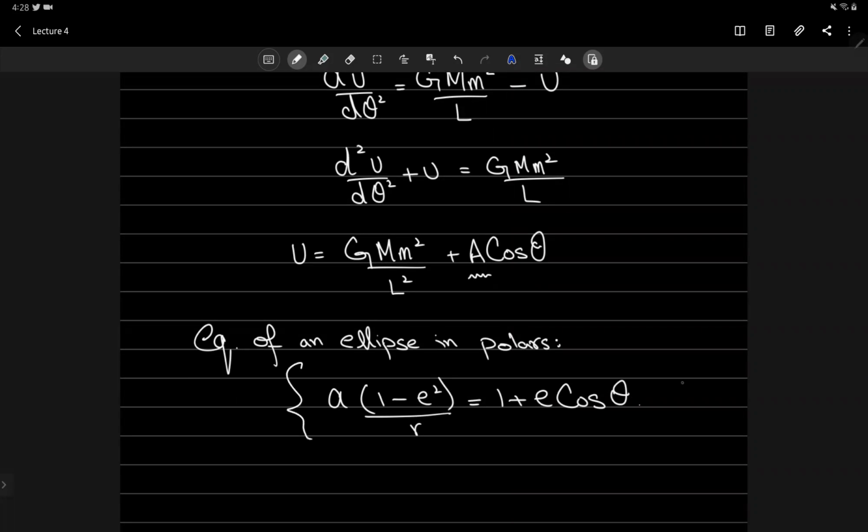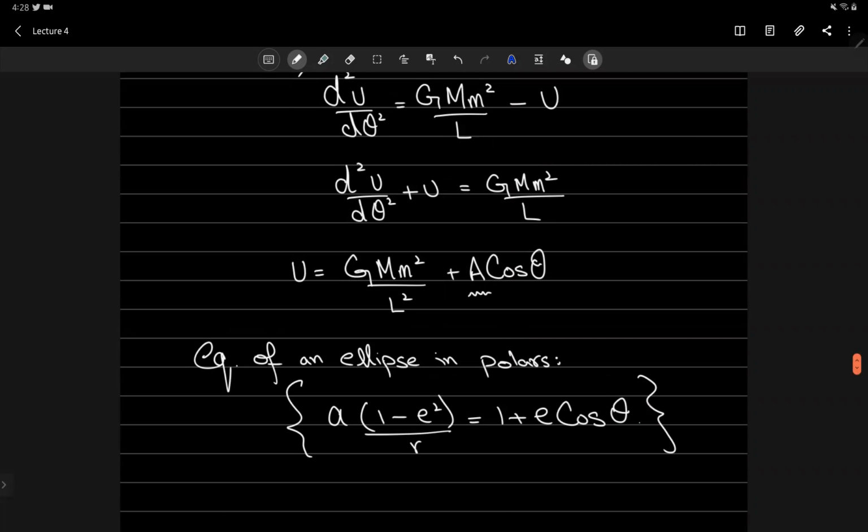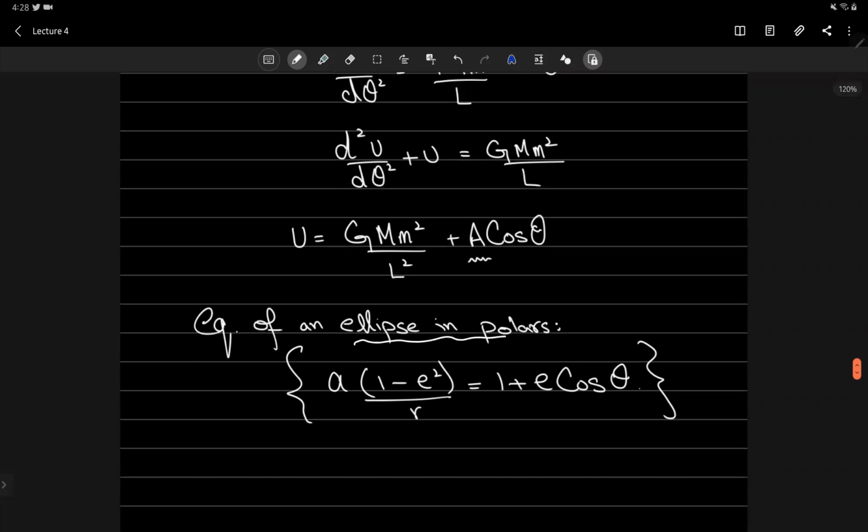This comes from geometry and I'm not going to derive it, but you should know that this is the equation of an ellipse. If I compare this equation with the equation we just derived for u, they are equivalent, and hence we can conclude that our equation will indeed trace an ellipse, and so the orbit will be elliptical.